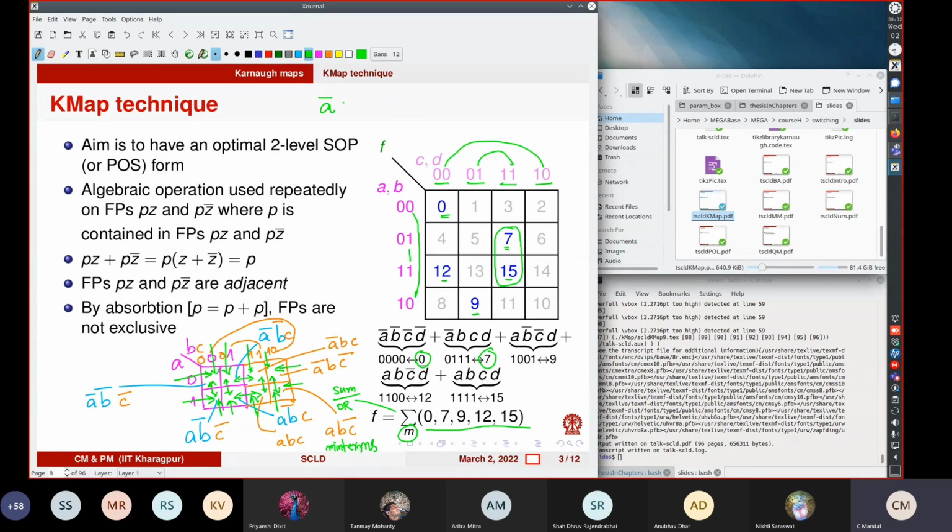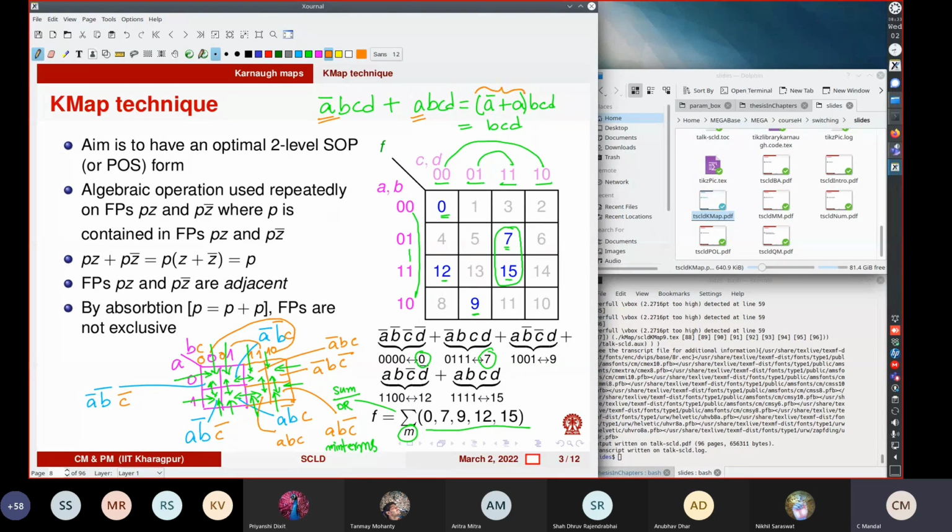So 7 is A bar, B, C, D, and 15 is, of course, all of them are 1, so A, B, C, D. The point to note is that they differ in one place, and that is dropped.